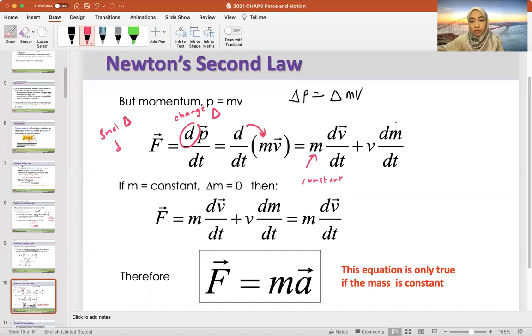And you have instances where you have the change in m, but your velocity is constant. Okay, so bila dia expand, dia akan jadi macam ni. So d dt of mv is m dv dt plus v dm dt. This is when your mass is constant, and this is when you have a change in velocity. This is when your velocity is constant, and this is when you have a change in mass.